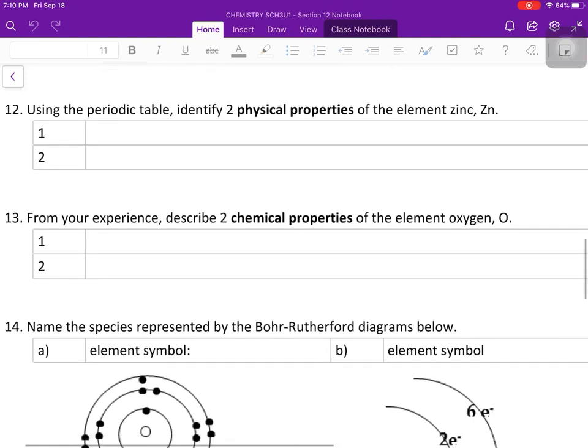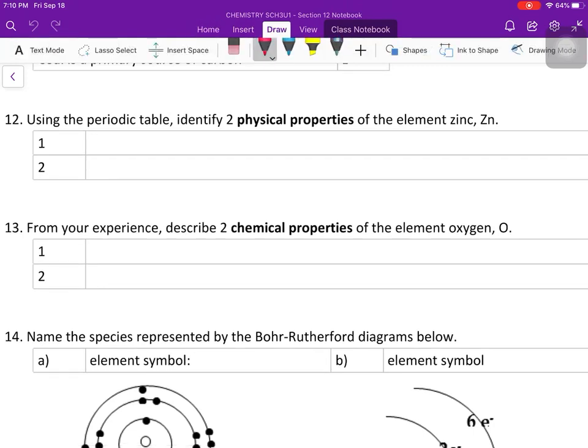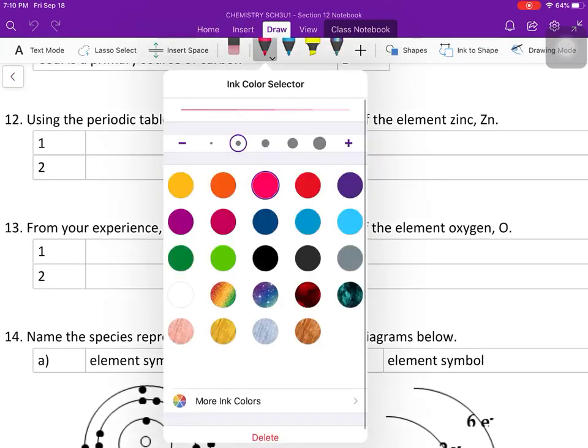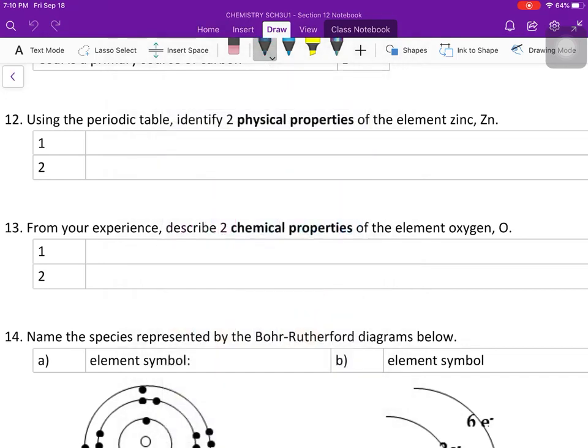So, whoops, switch to draw here and just go with a darker color. So hard, dense, shiny, maybe a good conductor, so both of heat and electricity. And you may have had some other properties as well.